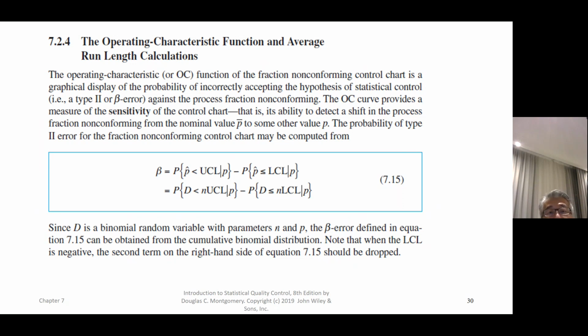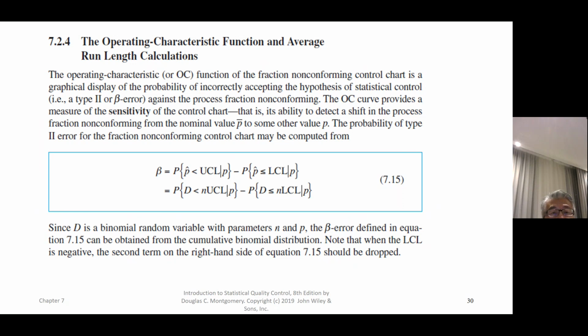We can represent this in terms of D, the number non-conforming: D less than n times UCL, minus D less than or equal to n times LCL. These are binomial random variables with parameters n and p. The beta error defined in equation 7.6 can be obtained from the cumulative binomial distribution table attached at the back of this textbook.